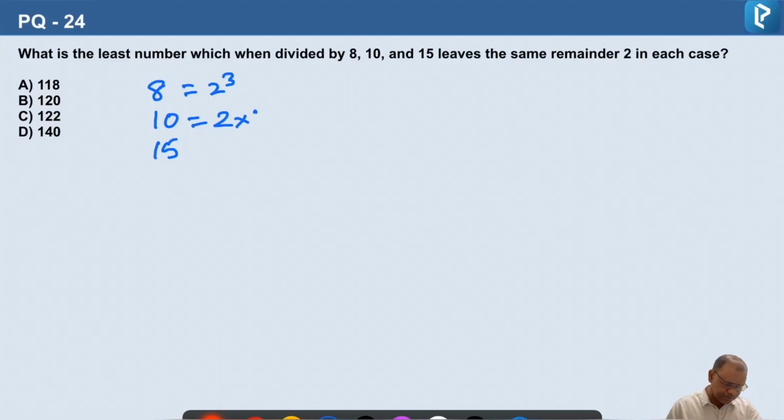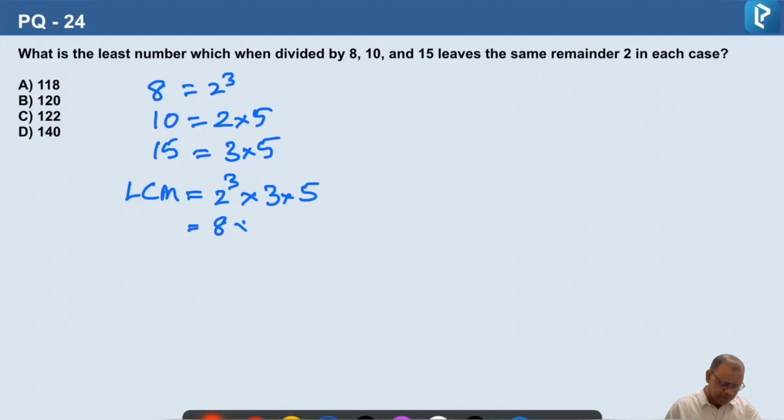This is 2 into 5. This is 3 into 5. The LCM is 2 cube into 3 into 5. 8 into 3 into 5. So 8 threes are 24. 24 fives are 120.